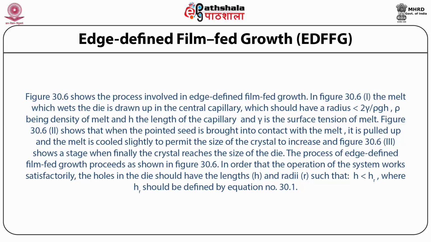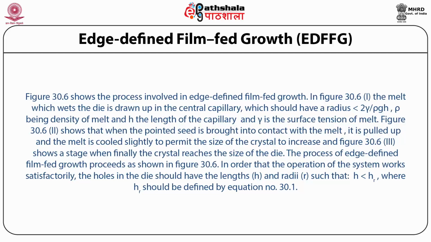In figure 30.6, first, the melt which wets the die is drawn up in the central capillary. It should have a radius less than twice gamma upon rho g h, rho being density of melt and h the length of the capillary, and gamma the surface tension of melt.